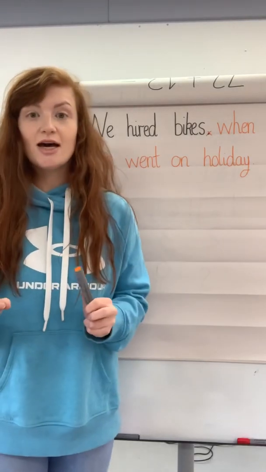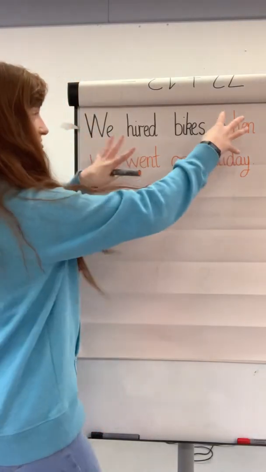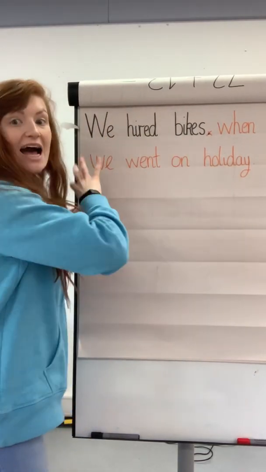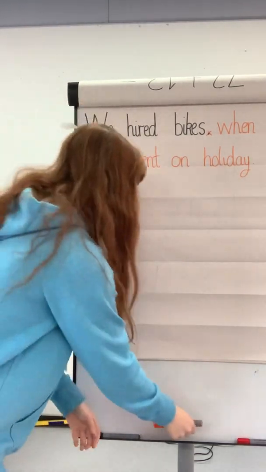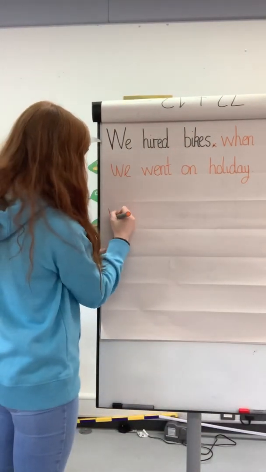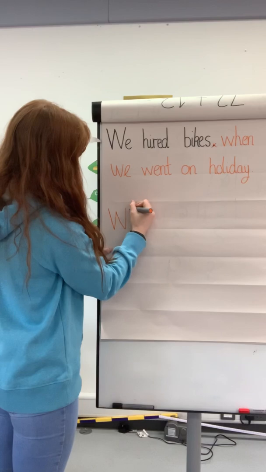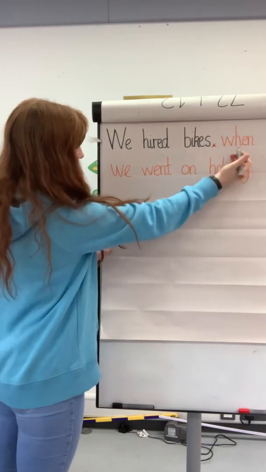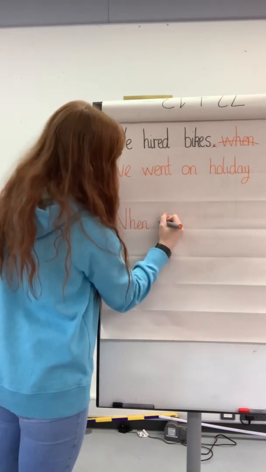Now I'm going to show you how you can use "when" at the beginning, and we can move this orange sentence to the beginning and have "we hired bikes" at the end. So let me show you. We could start with "when", so big capital W. So I've got my "when", "we".